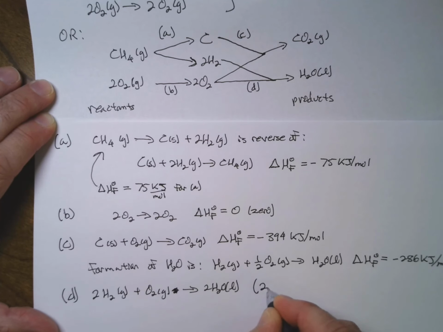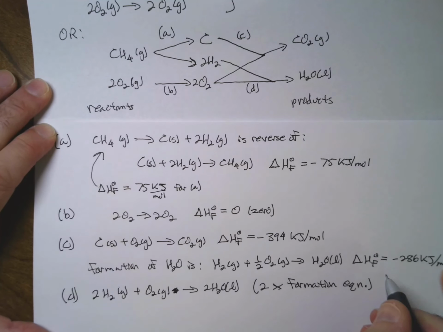So this is 2 times the formation equation. So that means that delta HF naught for this guy has to equal 2 times our delta HF naught for H2O.